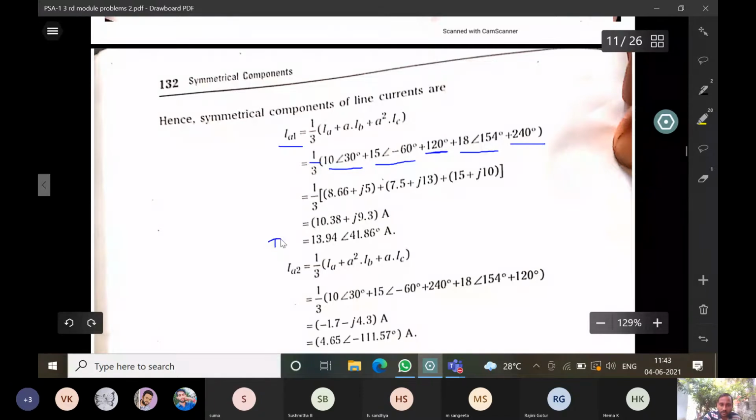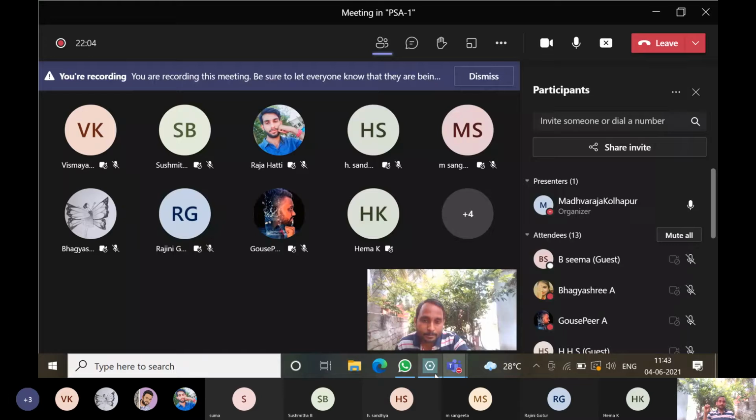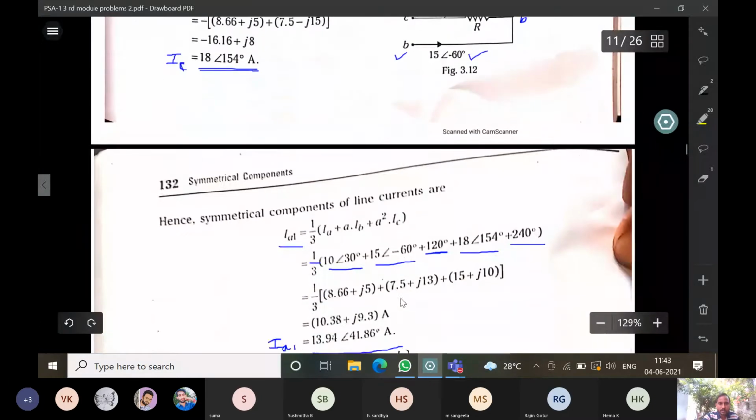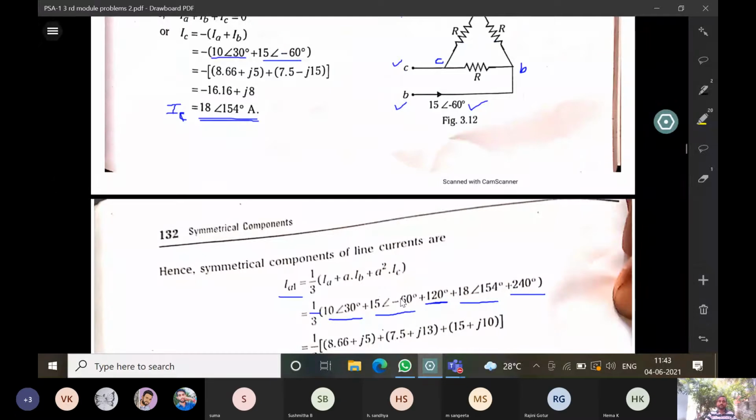And what is IA1? Calculate the IA1. How much do you get?